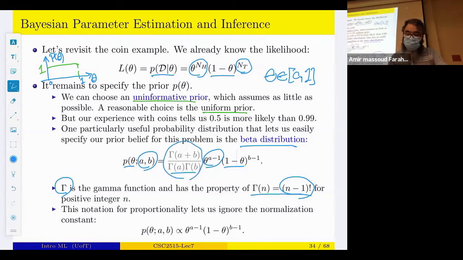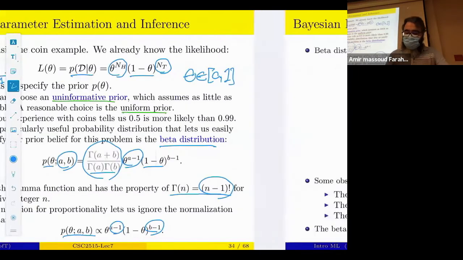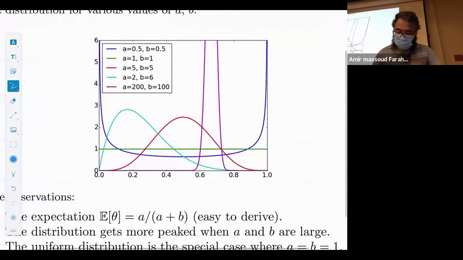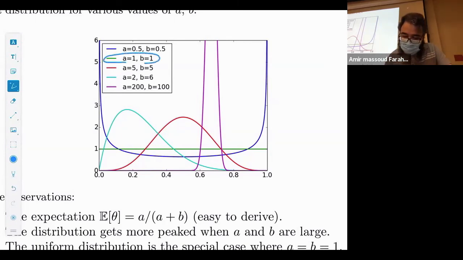Using the notation for proportionality, we can ignore the normalization constant and say that P of theta is proportional to theta to the power of a minus 1, times 1 minus theta to the power of b minus 1. Let's see how it looks. This figure shows this probability distribution for different cases. The green curve is when A and B are equal to 1.